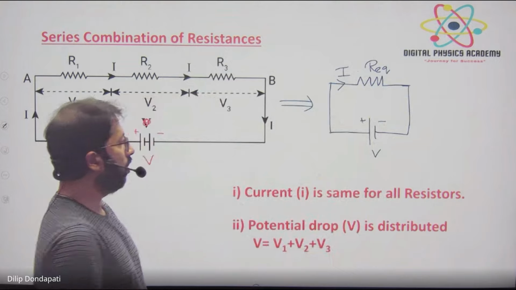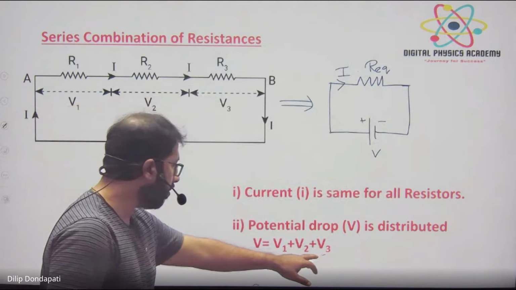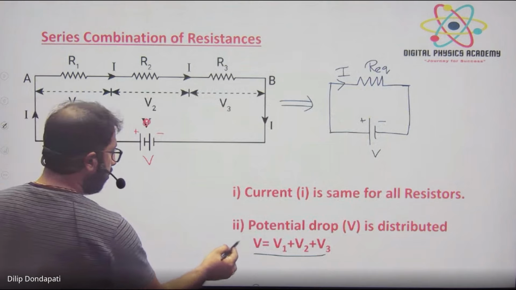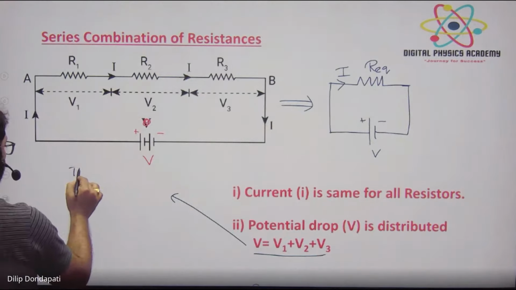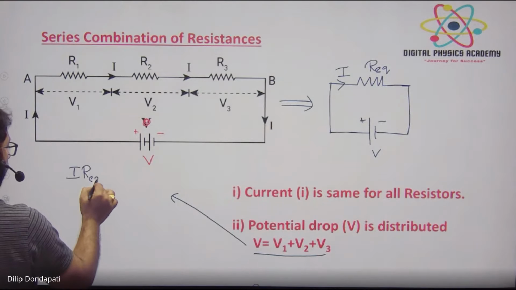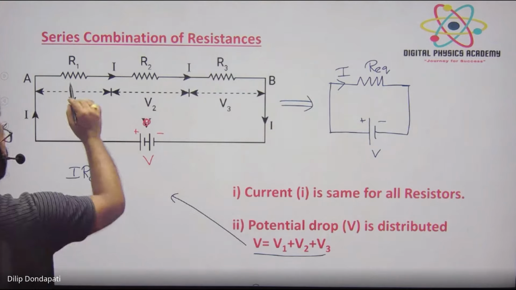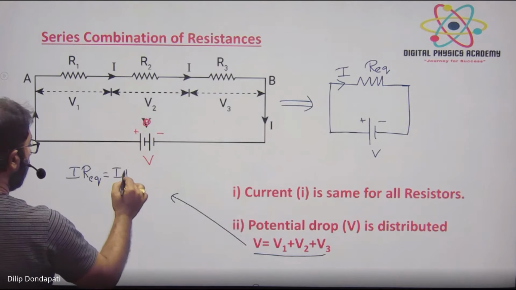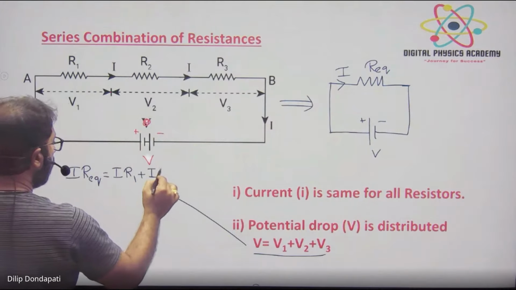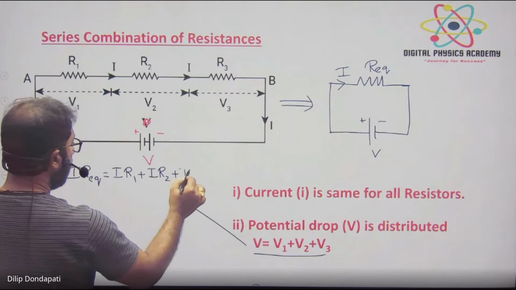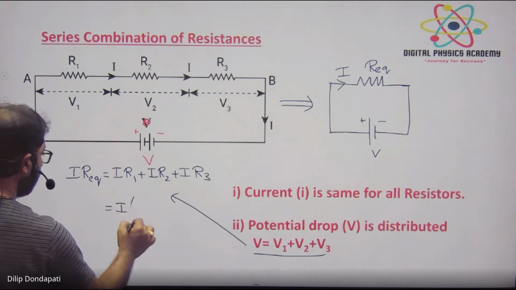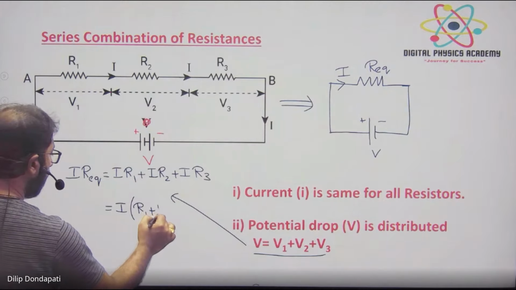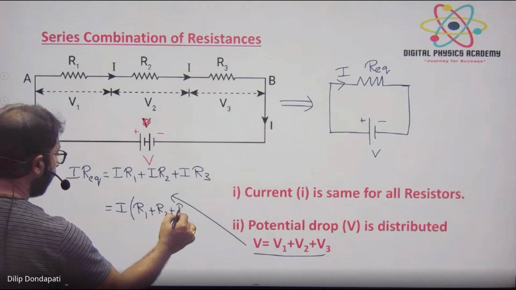Now, in this formula, I'm substituting. In place of V, V equals IR, right? So I into R equivalent is equal to V1, V1 is I into R1 plus I into R2 plus I into R3. So I take I common: I times (R1 plus R2 plus R3).